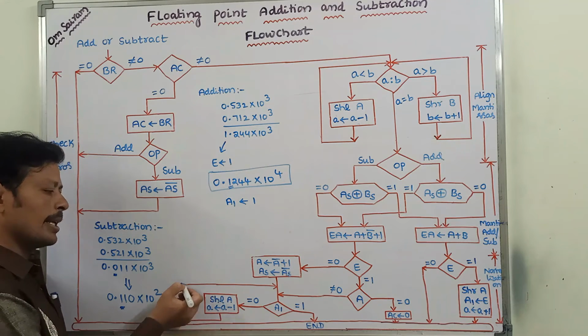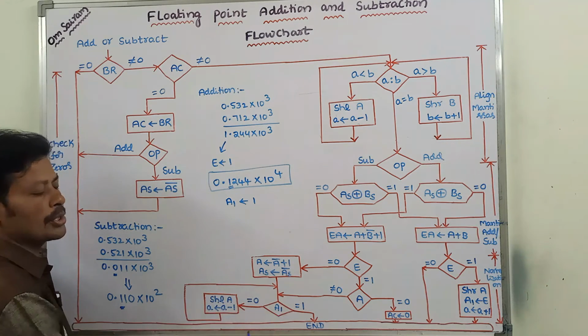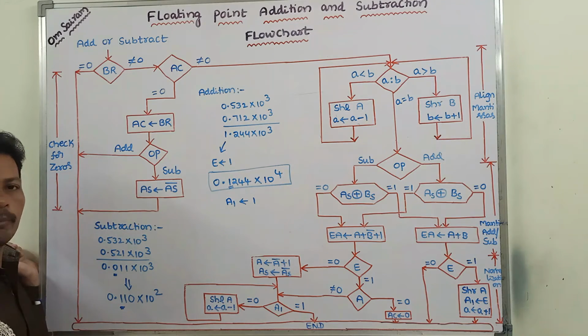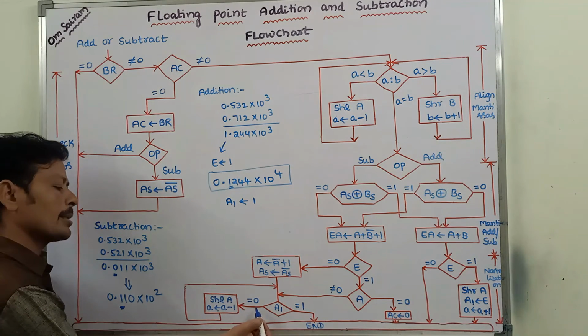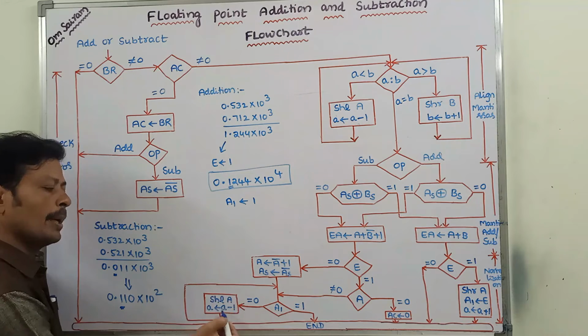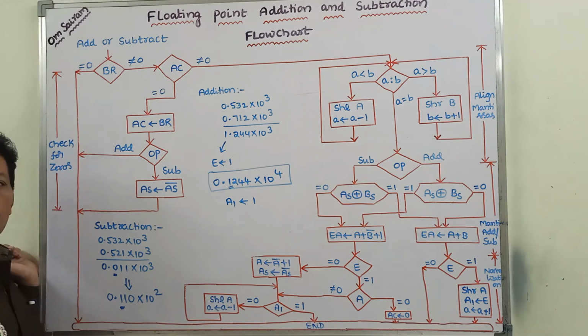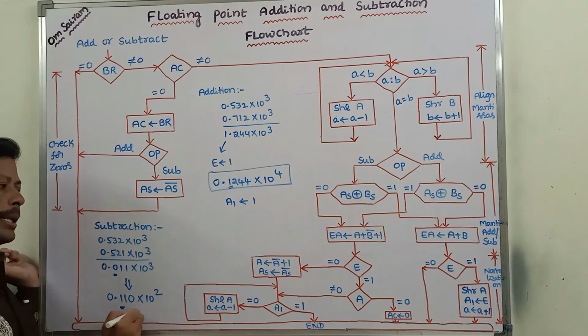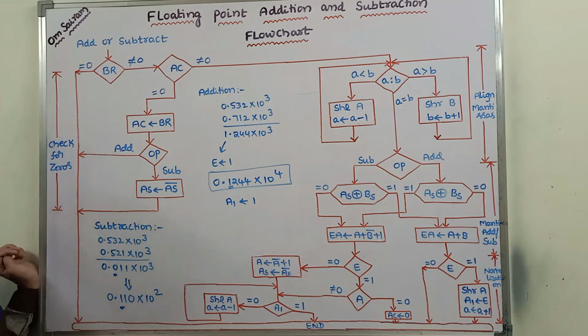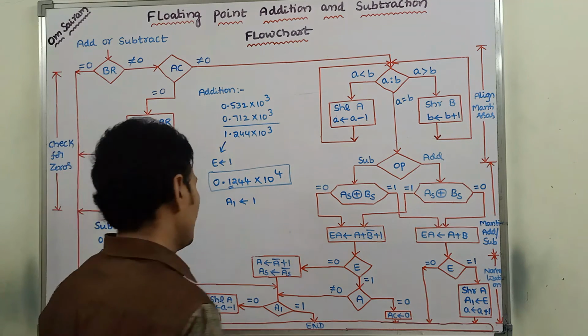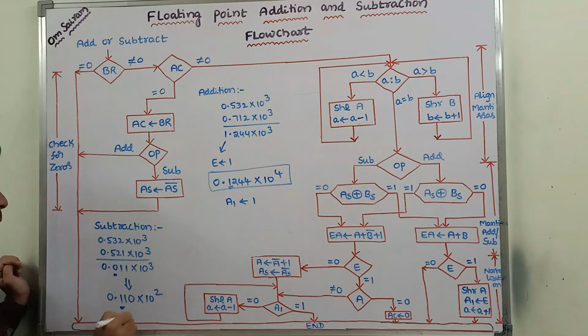After performing these two steps, again we check the A1 value. If A1 value is 0, repeat this step. If A1 value is 1, we stop the procedure. Now the result is a normalized result. This case is called the underflow condition.